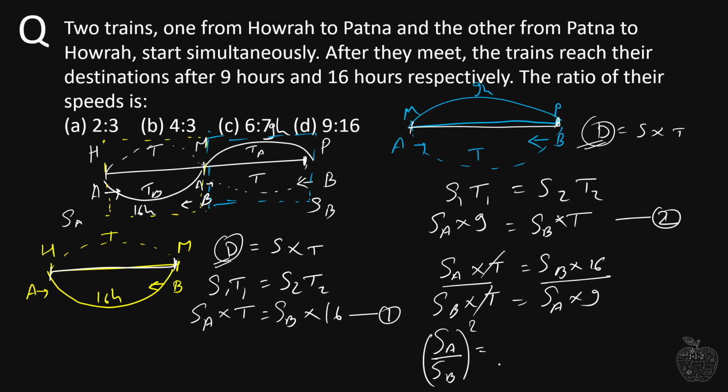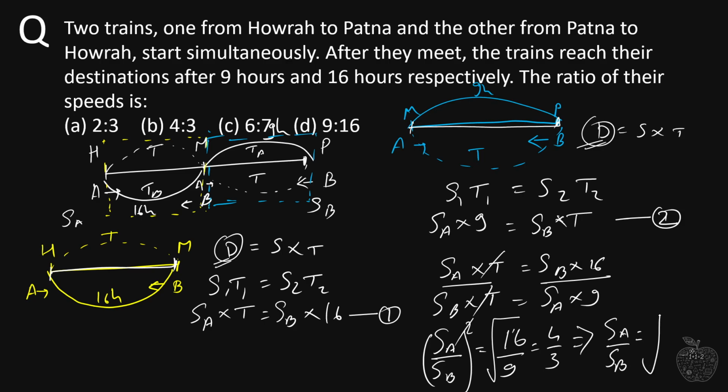And on the right-hand side, we are left with 16 over 9, and when we remove this square, we add a square root, so we have SA over SB, which is 16:9 under the root, or we can say that this is 4:3.